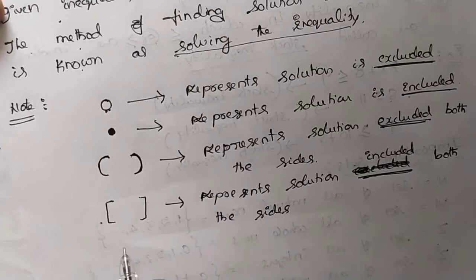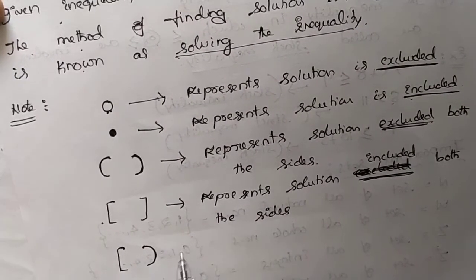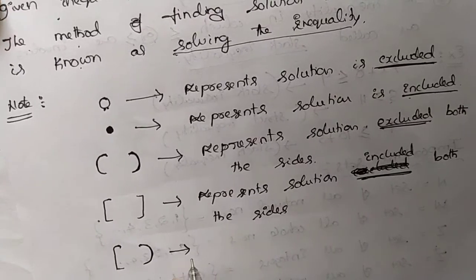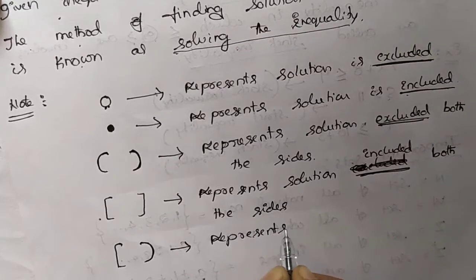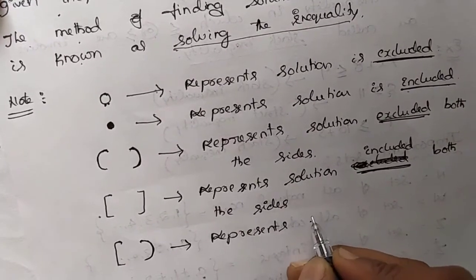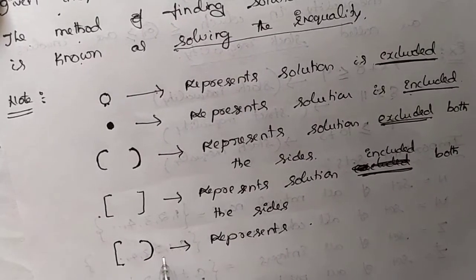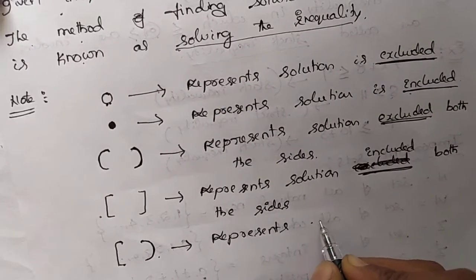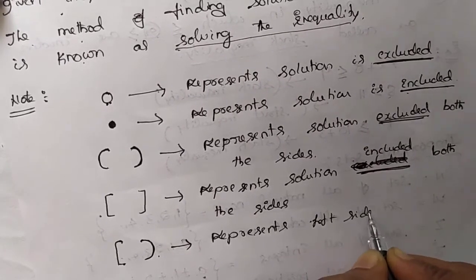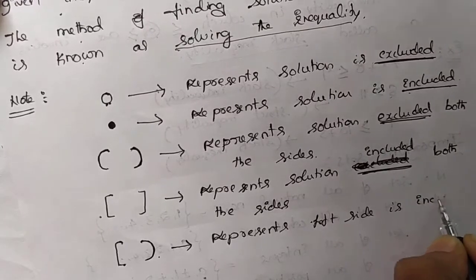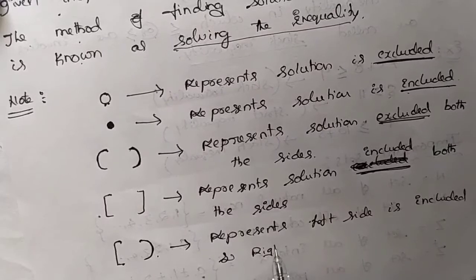Now, what about this one? These brackets represent left side is included, right side is excluded. Left side is included and right side is excluded.